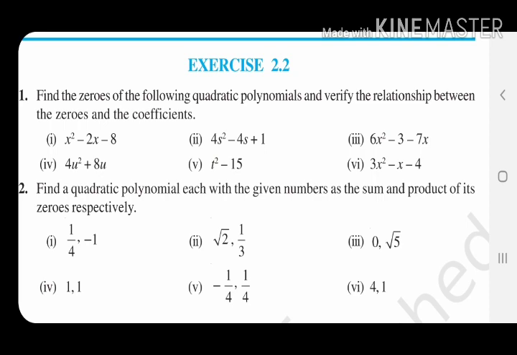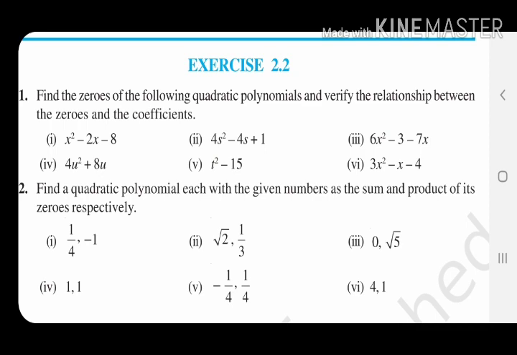So either the first factor is 0 or the second factor is 0. Whenever one is 0, you equate it and find the value of x or u or v or t or whatever the variable is. Then we will check the relation: you find alpha plus beta, and you find minus b by a. If alpha plus beta and minus b by a match, it is verified. Then we will move to question number 2.